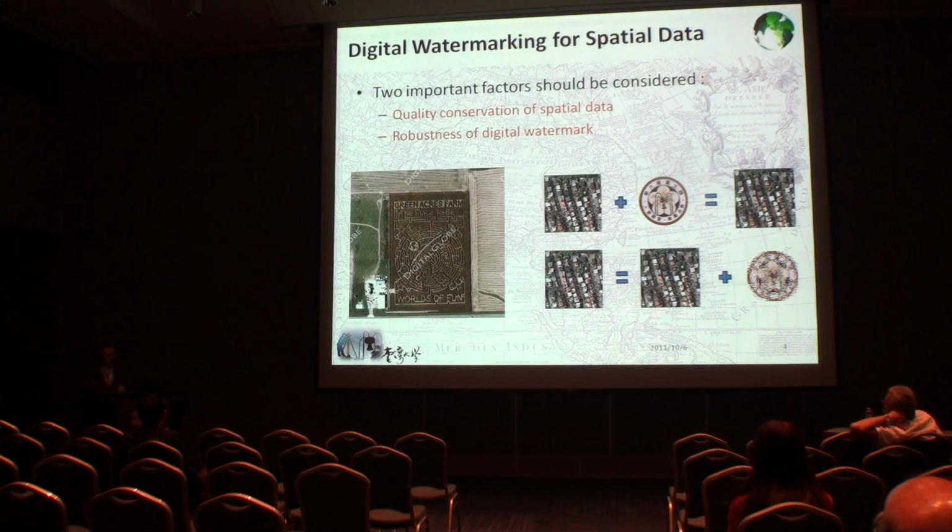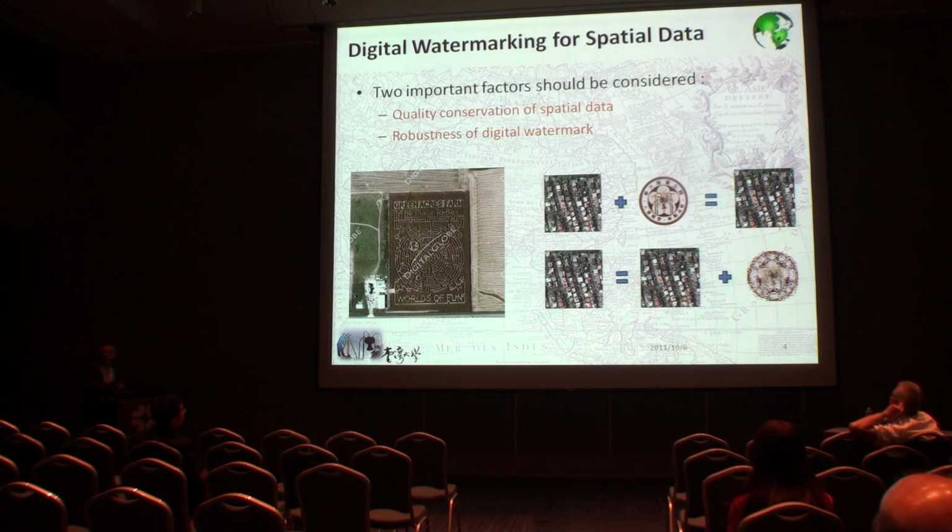For digital watermarking of spatial data, there are two important factors to be considered. One is image quality conservation. If you embed a digital watermark into an image, the quality of the image may decrease, so how to preserve the quality of the image is important. The other one is the robustness of the digital watermark.